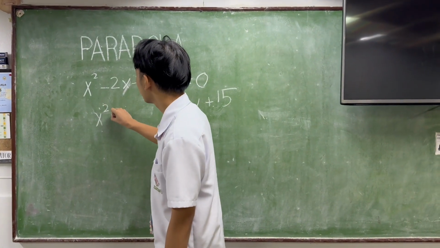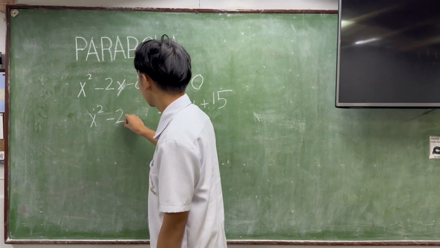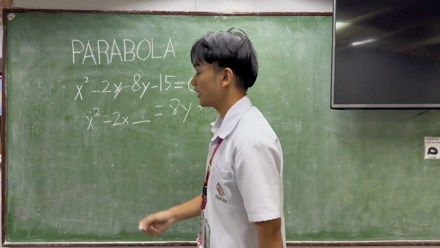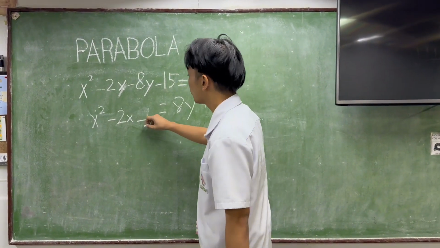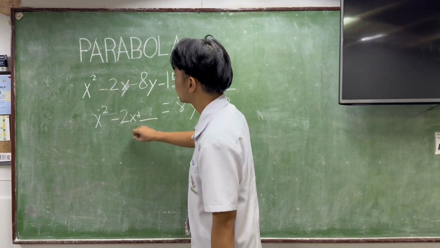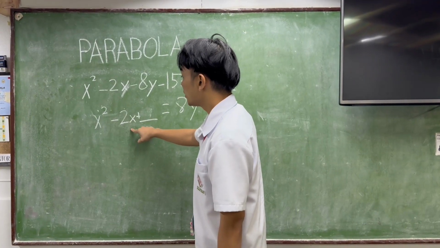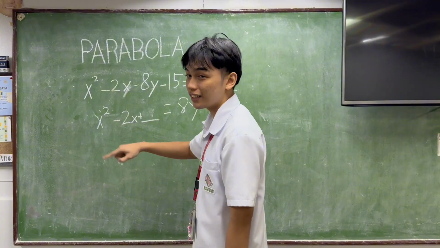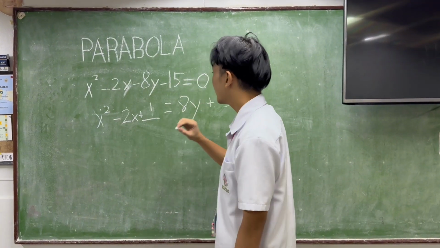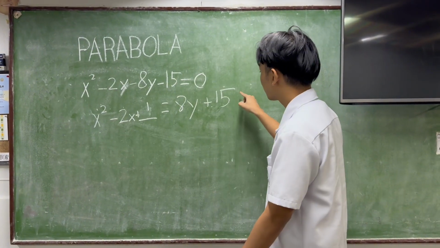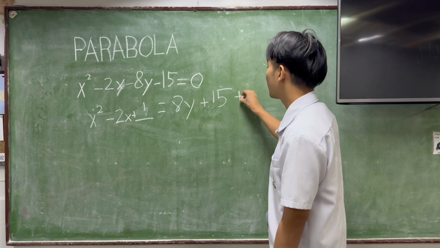So x squared minus 2x. Then let's keep a space there. So now we need to balance the equation. Negative 2x divided by 2 would be negative 1, then square it, so that would be positive 1. And now we need to balance the equation, so let's put a plus 1 here.